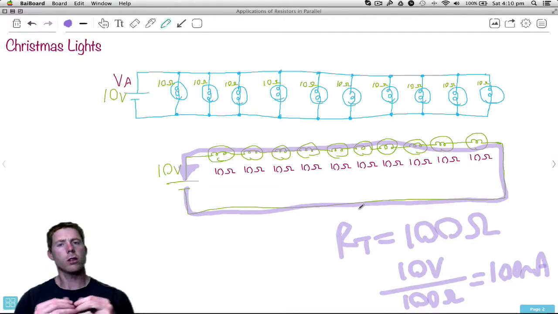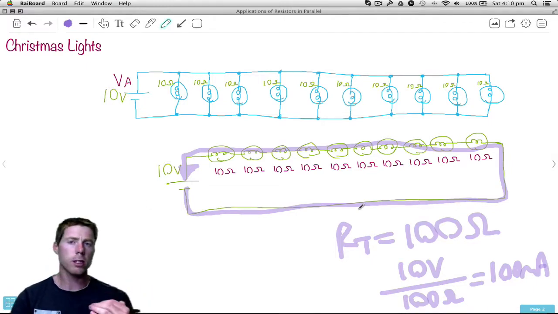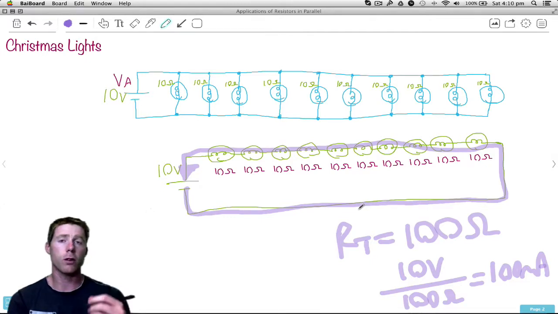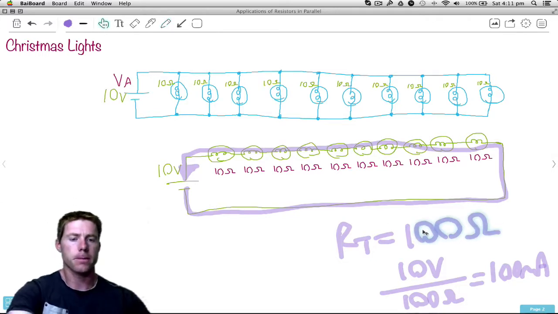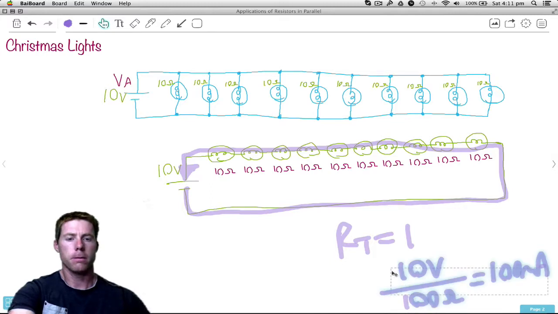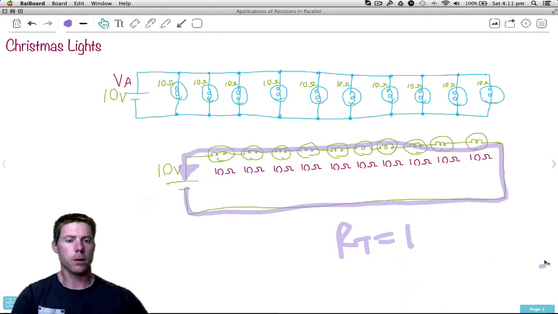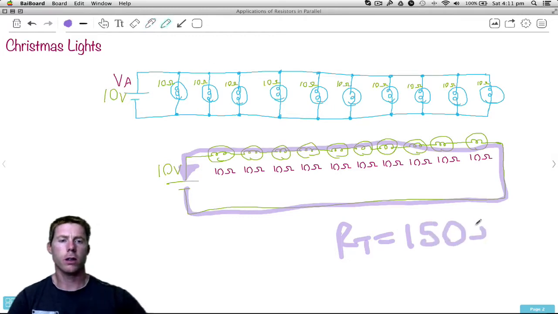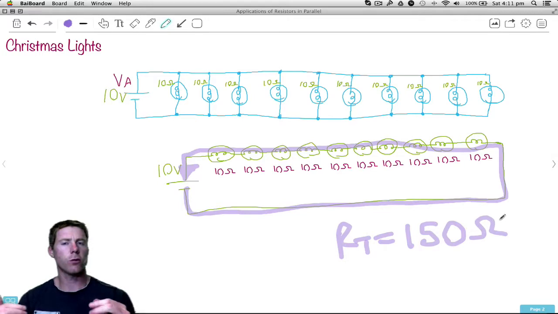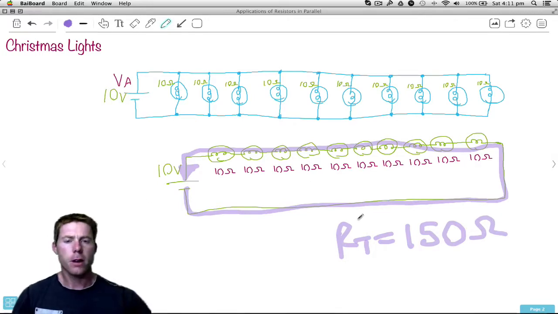But let's say that we wanted to extend this. We wanted to have more than 10 light bulbs. Let's say we wanted 11 or 12 or 13 or 14 or 15 or whatever it is. If we were to go to 15, what would the total resistance be now? Let's have a look. Total resistance would now be 150 ohms because we've added an extra 5 resistors to our circuit.